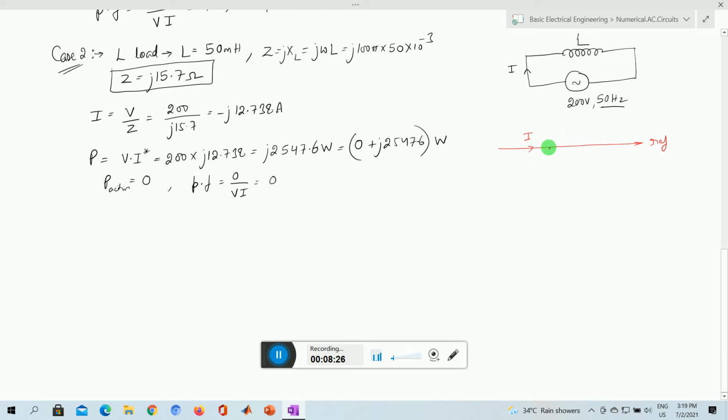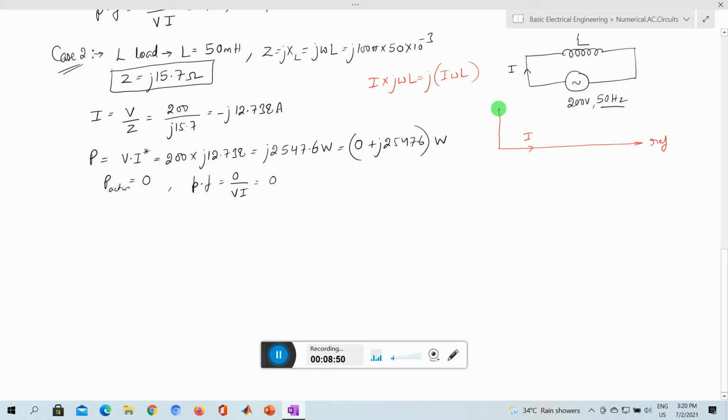Now what you will do with the current only. When the current is multiplied with J omega L, what you are getting is a term J multiplied with I omega L, some term multiplied with J. So it is on the y-axis.